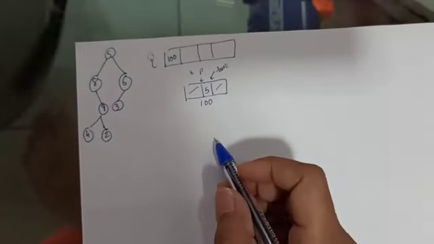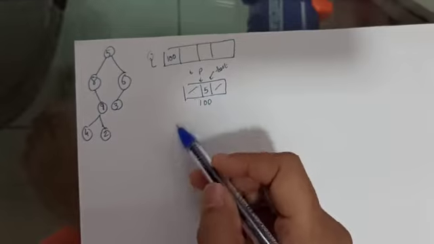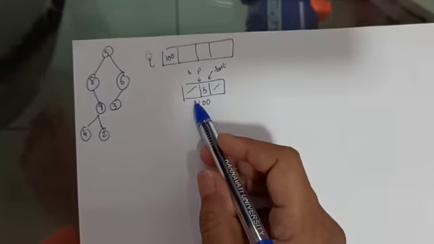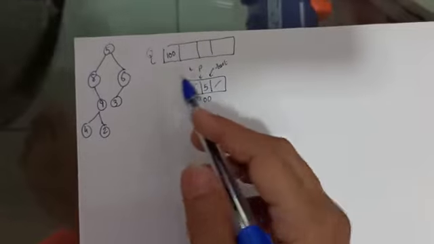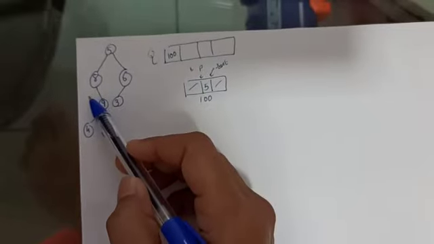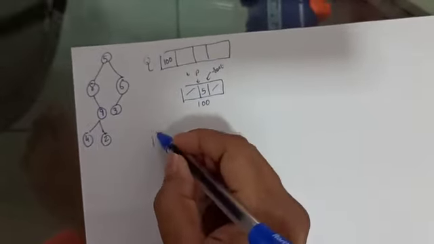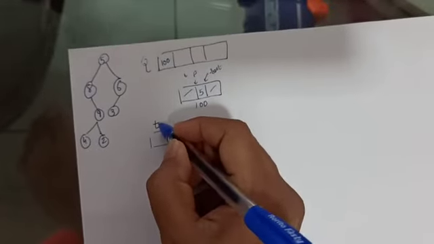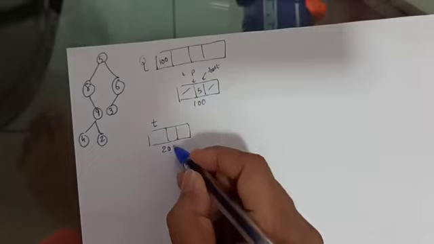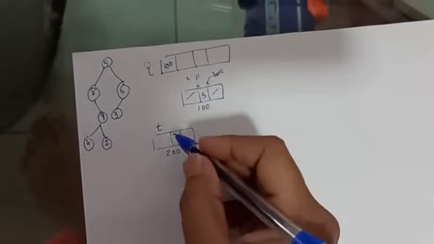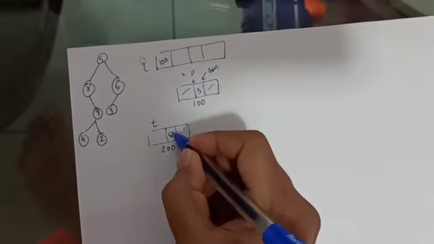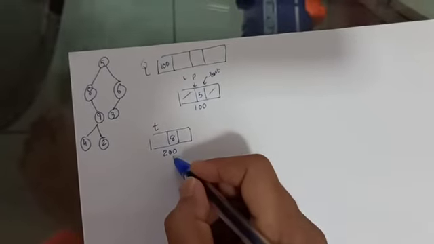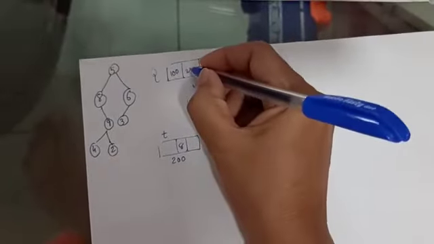Now we will ask whether this node has a left child or a right child. First of all, does this node have a left child? Yes, it has a left child. So now we will generate a new node using temporary pointer t. This node must have some address. We will insert the data into this node and insert the address of this node into the queue.